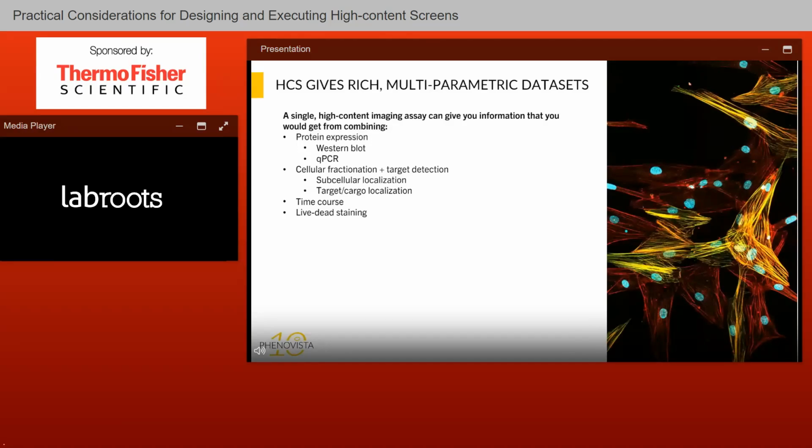You can look at expression of your target in the cells, and then what I think is the real key value is the ability to know not only how much protein is being made by your cells in the population, but where is that protein, both subcellularly, but also within the population.